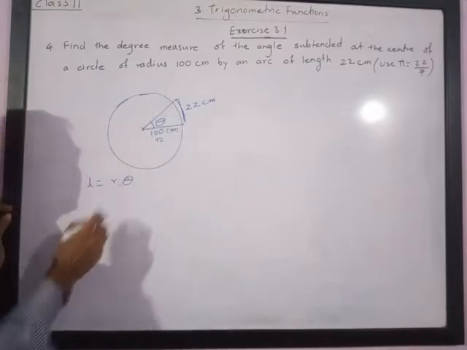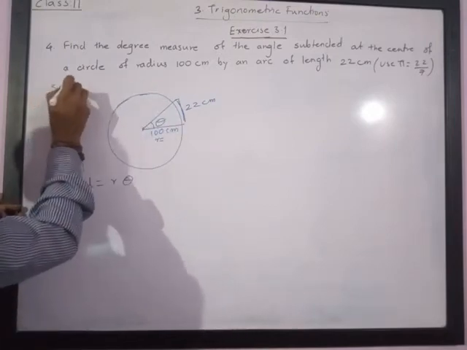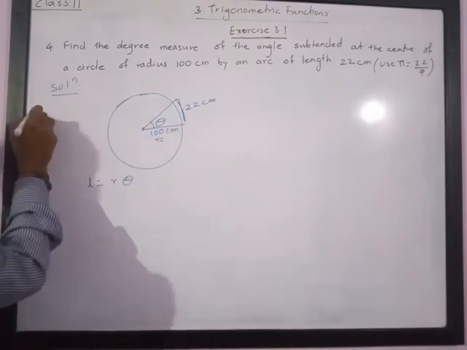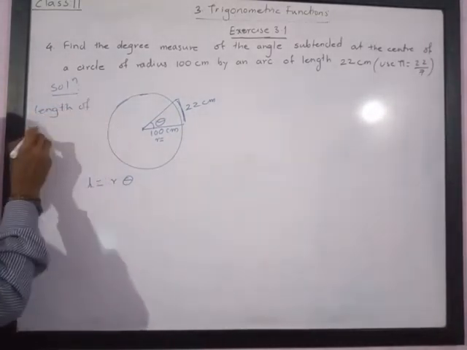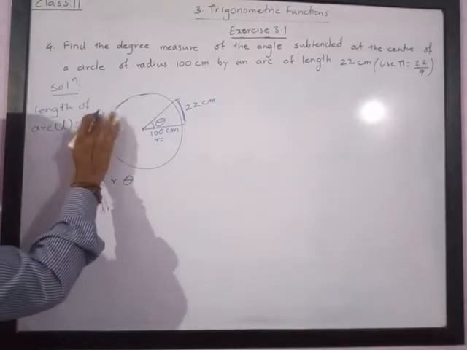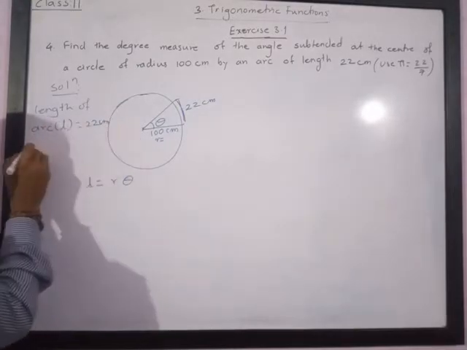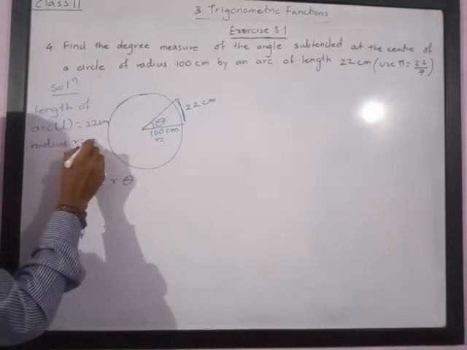Solution. We are given the length of arc L is equal to 22 centimeters, and radius r is equal to 100 centimeters.